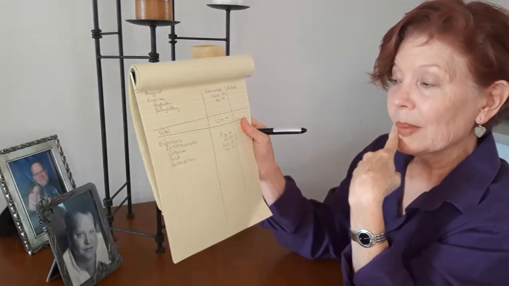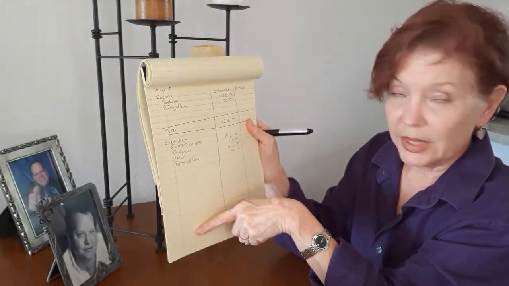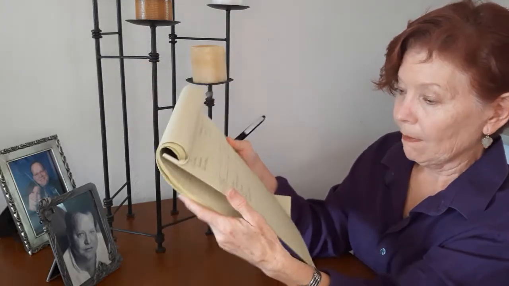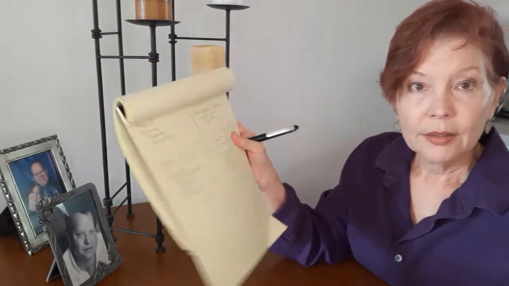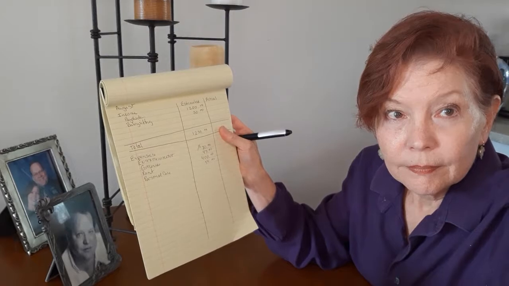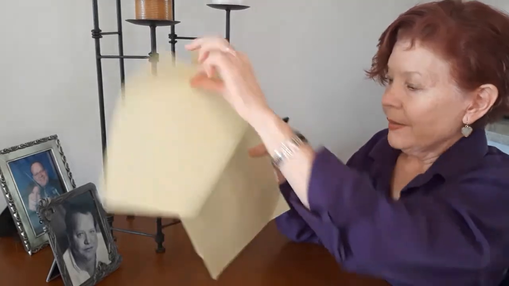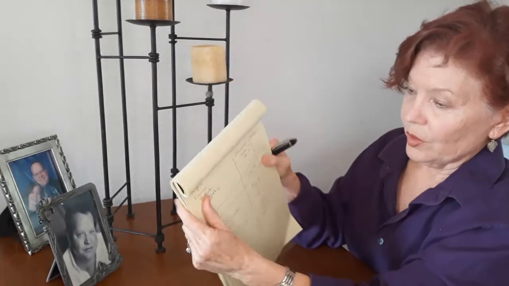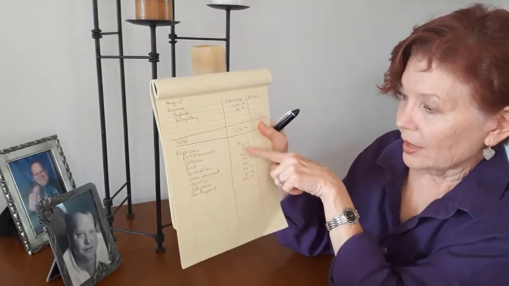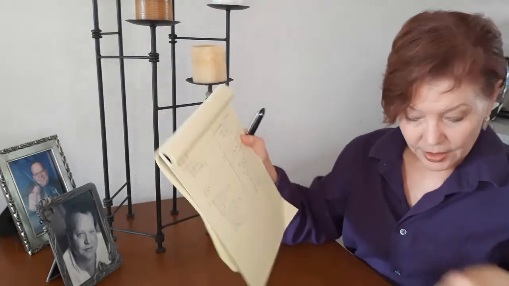And then we're going to keep going down until we have all of our expenses listed. Okay, so now we have all of our items transferred over to this side. And now we're going to add up the expenses.